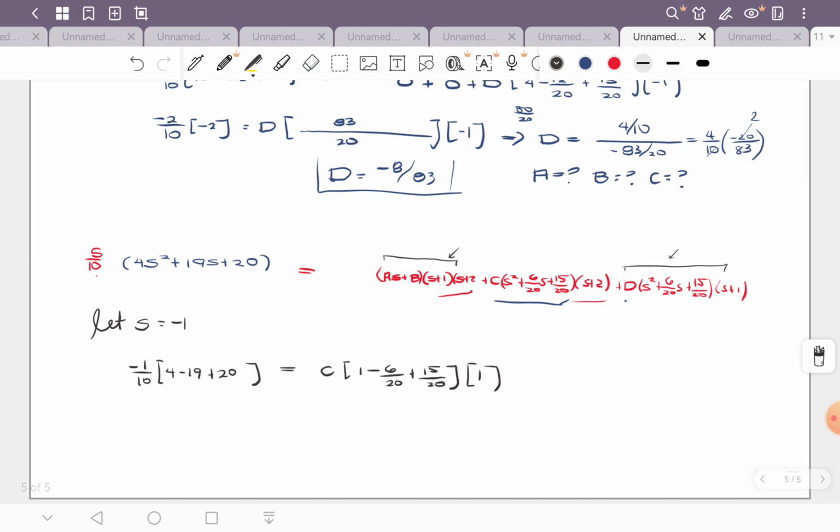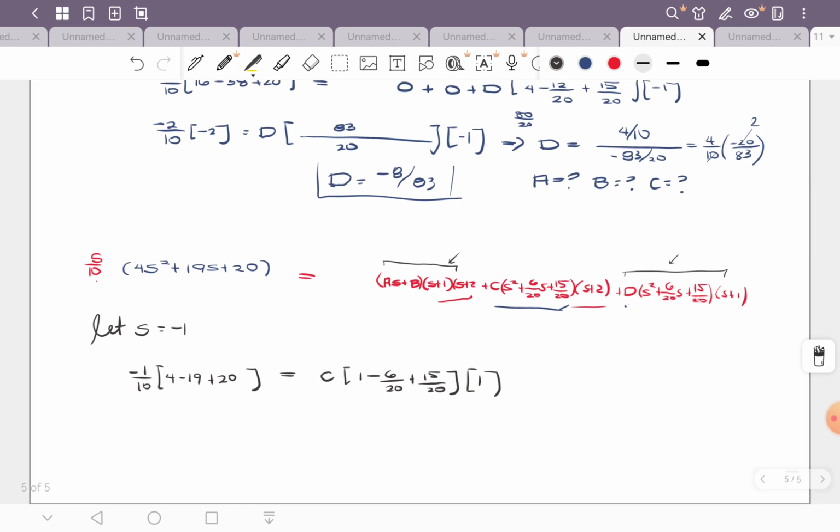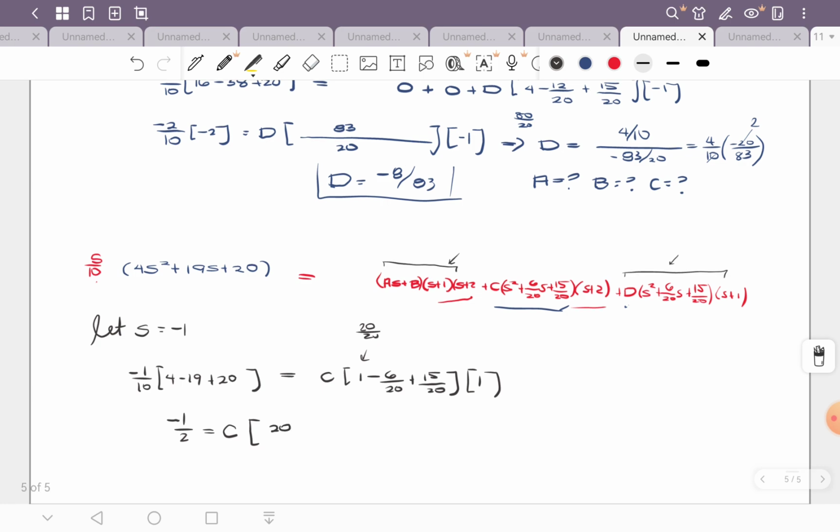So 4 minus 19 is negative 15, plus 20 is 5. So negative 5 over 10, or negative 1 over 2. Then 1 is 20 over 20, so we have 20 minus 6 plus 15 over 20. Computing, 15 minus 6 is 9, plus 20 is 29 over 20.